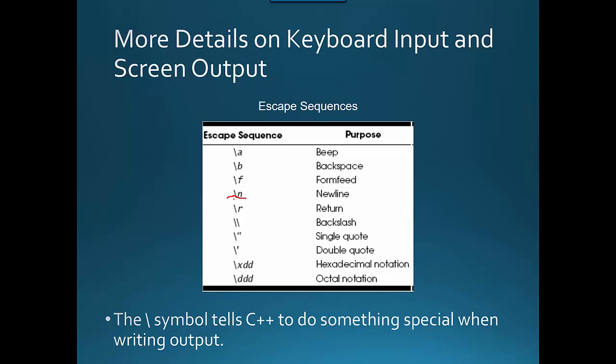Now, there's a problem if we use a backslash as the escape character, because what happens if we actually want to display a backslash? The way we solve that is use just 2 backslashes. And let's say that we want to use a double quote.